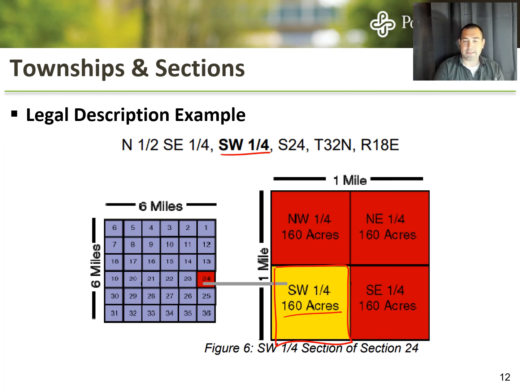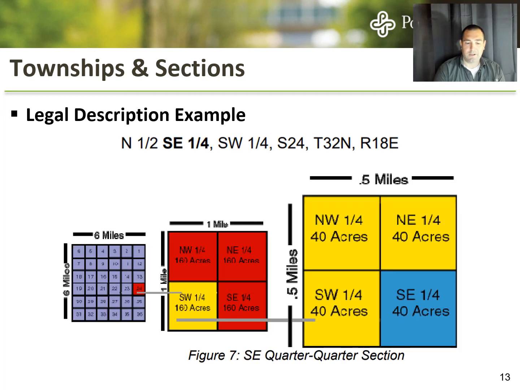So within that southwest 1/4, we can further break it up into another area. This 1/2 mile by 1/2 mile square can be broken up again into quarters, because that's what it's telling us to do here. And now we're focused on the southeast portion of whatever is left over. So now we're in the southeast quarter of the southwest quarter of that section.